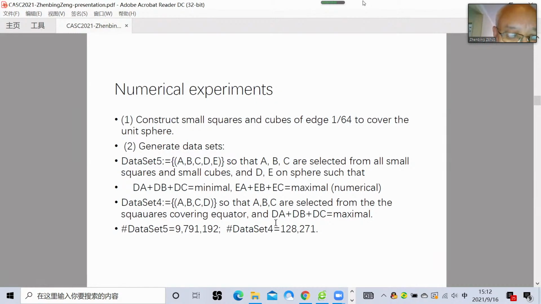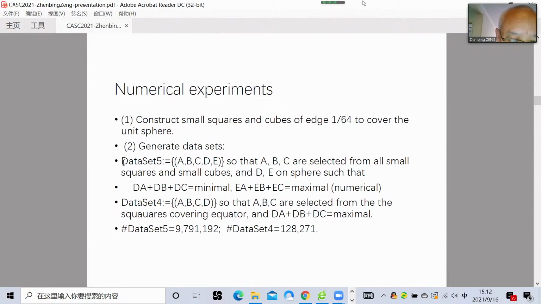The procedure is first we construct small squares and cubes of size 1/64. These are very small squares and cubes. We use a lot of this kind of point set to cover the unit sphere. Then we generate some data sets.